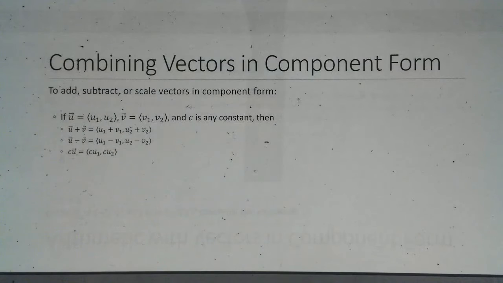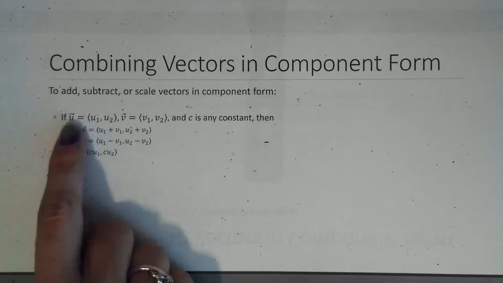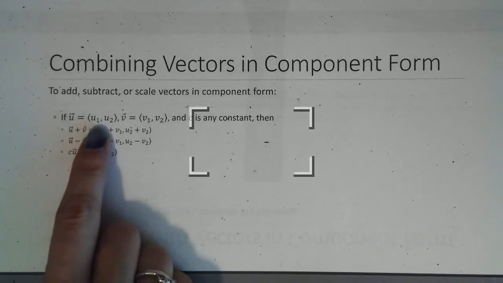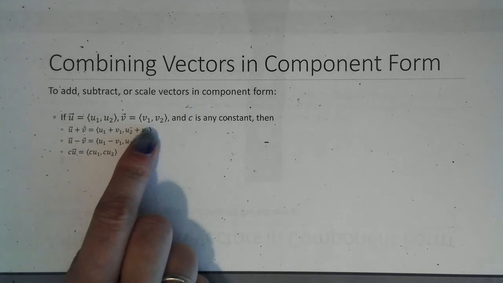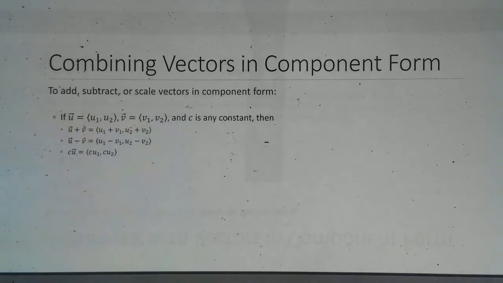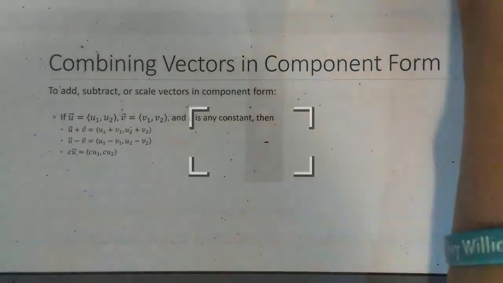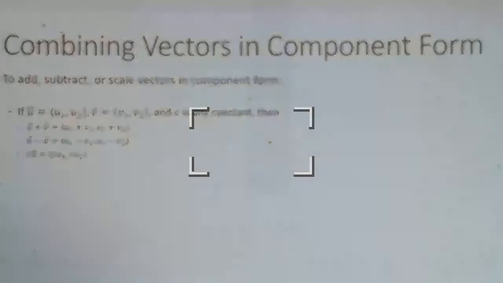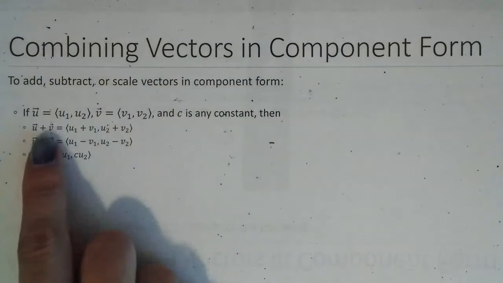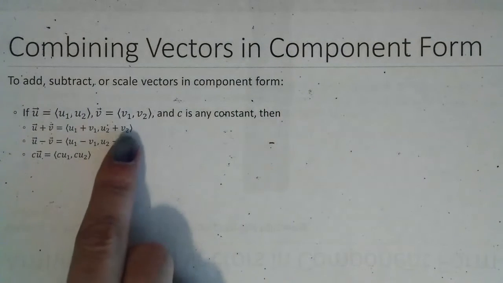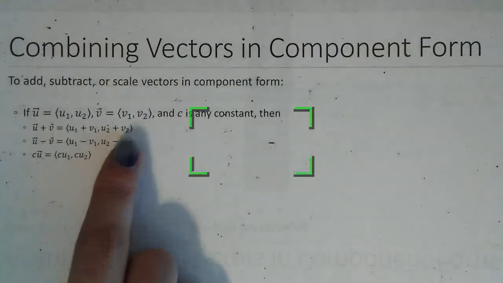So to add, subtract, or scale vectors in component form, we'll start by being given a vector u that has components u1 and u2, vector v that has components v1 and v2, and c is going to be any constant. If we want to add the two vectors together, we just add the corresponding components. So u plus v is equal to u1 plus v1, u2 plus v2.